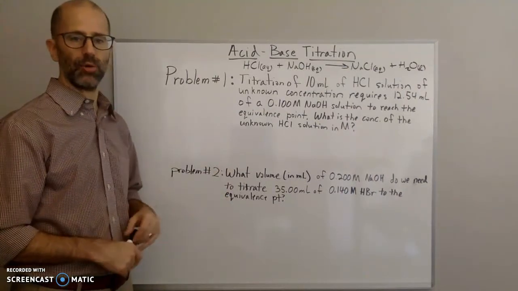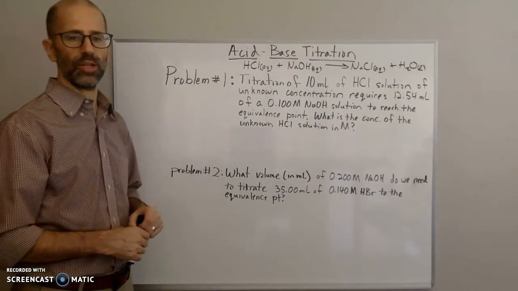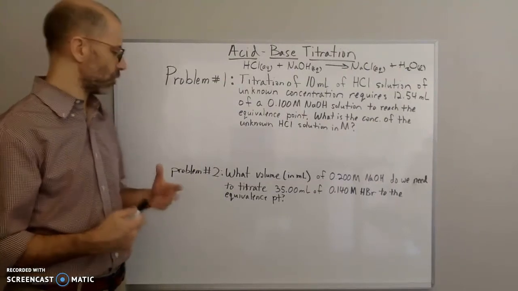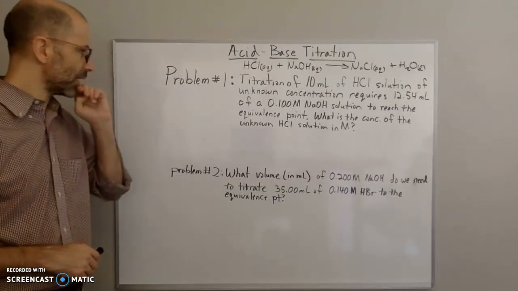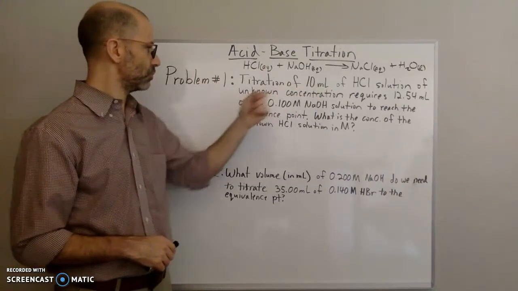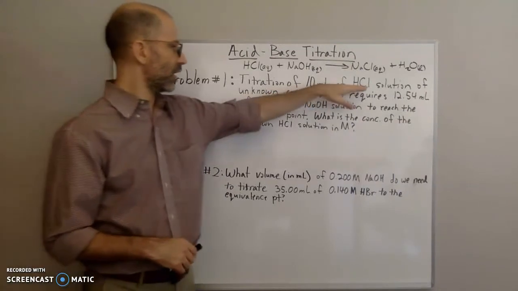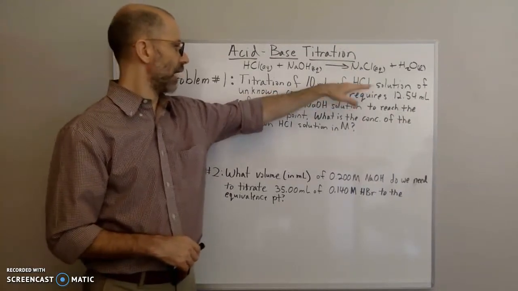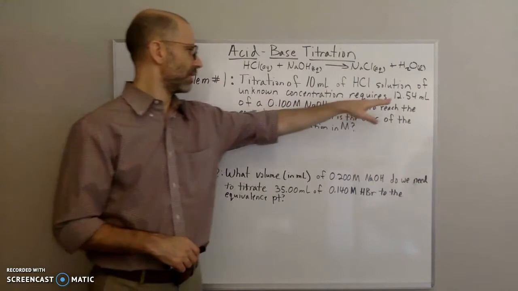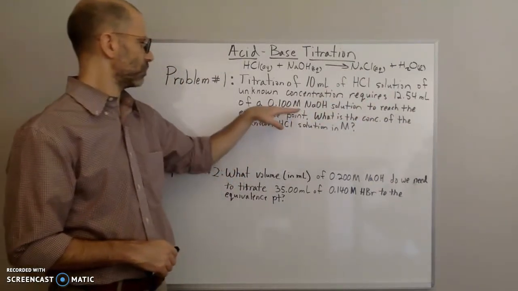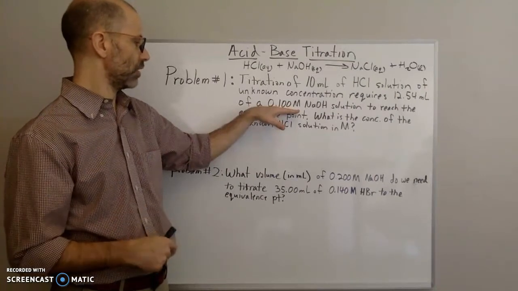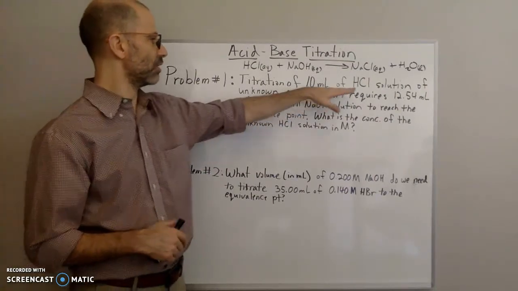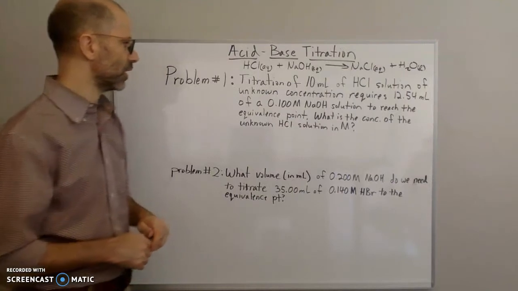Now they're asking for the volume of the titrant, the stuff that you are going to be titrating with. So in this case, they give you the volume of the acid, and they give you the molarity of the base that you titrated with, and they ask you to find the concentration of HCl.